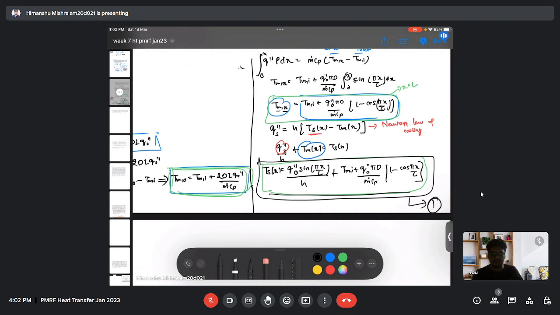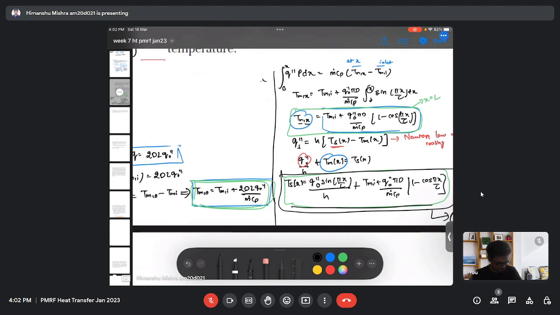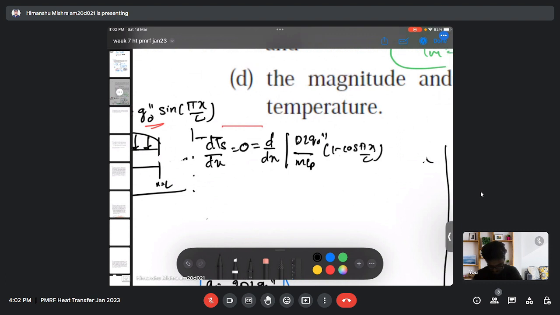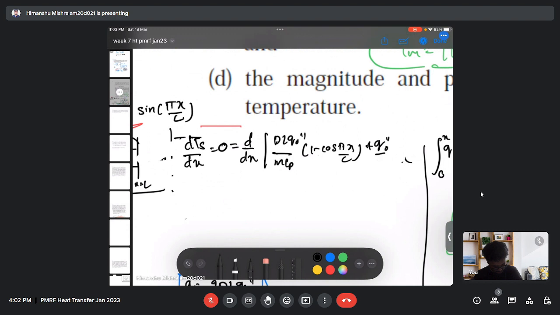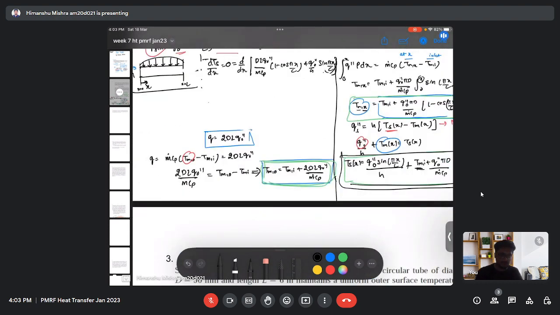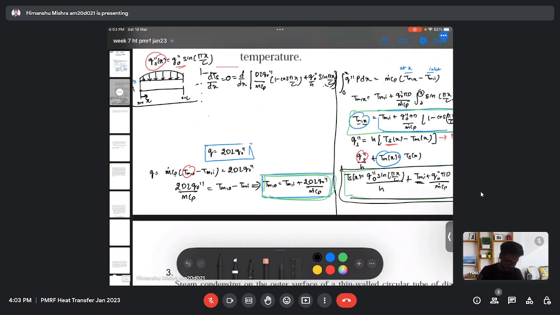We differentiate equation number 1 with respect to x. The slope should be 0, which means I need to differentiate this quantity. I am already ignoring this TMI because it will be 0 after the differentiation.